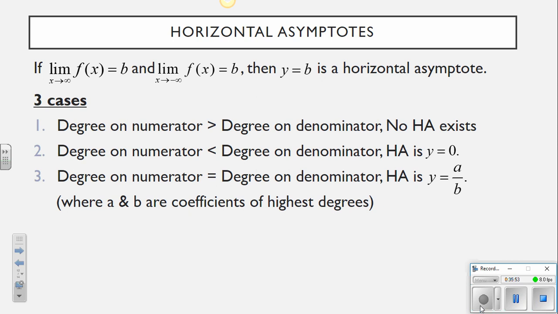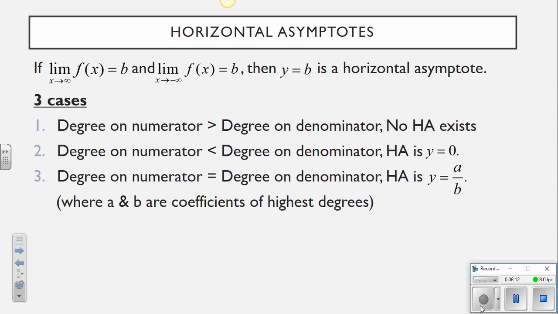Okay? So notice here that the limits are not approaching a specific value C, like vertical asymptotes. For vertical asymptotes, the limit has to approach a finite number, and then that limit evaluates to infinity or negative infinity. This time with horizontal, it switches.